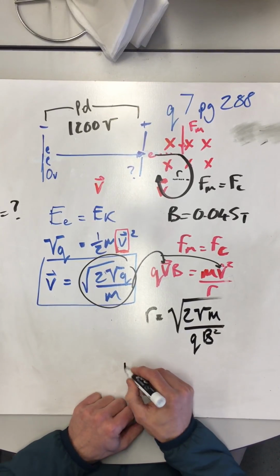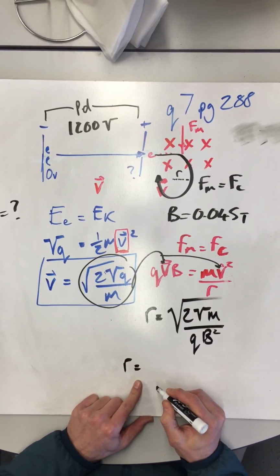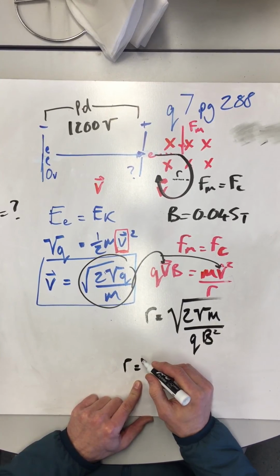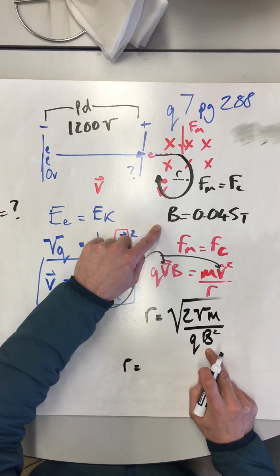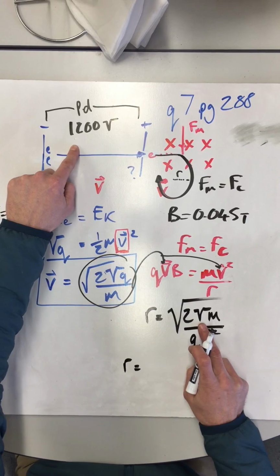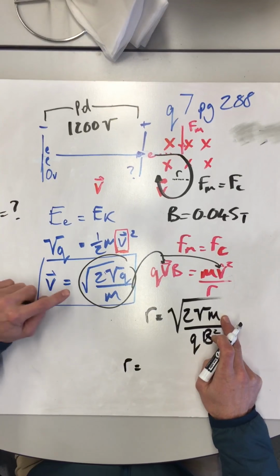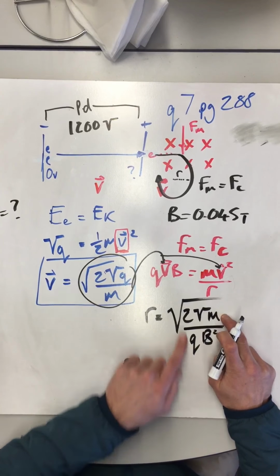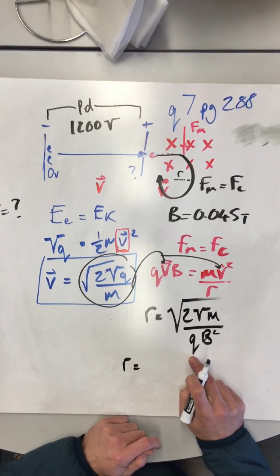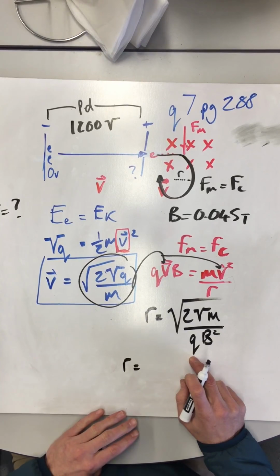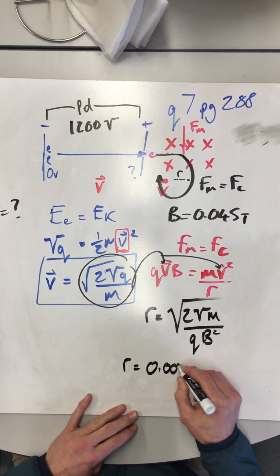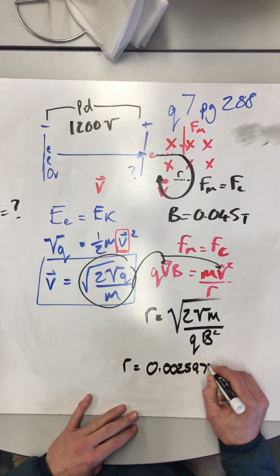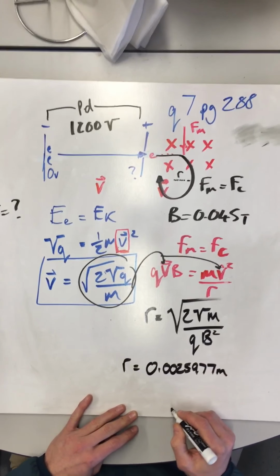And you can do the math yourself, but if you plug it in, putting in this for B, this for voltage, mass is the mass of the electron, which is given on your data sheet, and Q is the charge of the electron, which is also given on your data sheet. That's going to give you 0.0025977 meters.